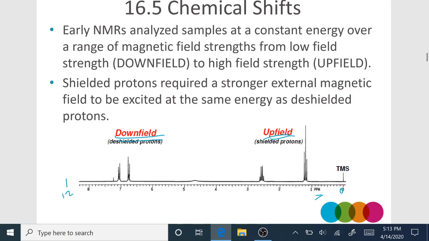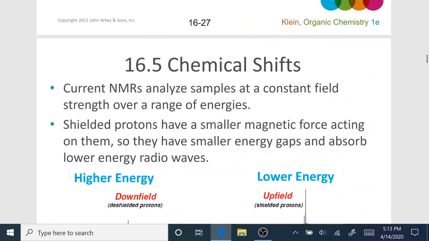But now we take all of the signals at the same time. So this area toward 0 is upfield, and this area toward the other end is downfield. Shielded protons required a stronger external magnet back in the day, and so that's why they were called upfield and the others were downfield.